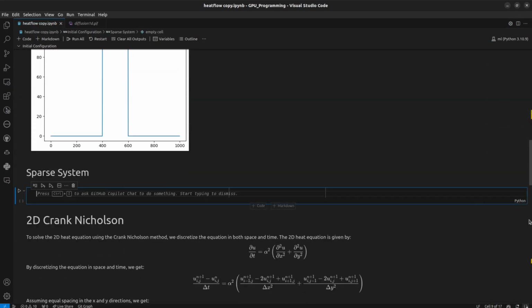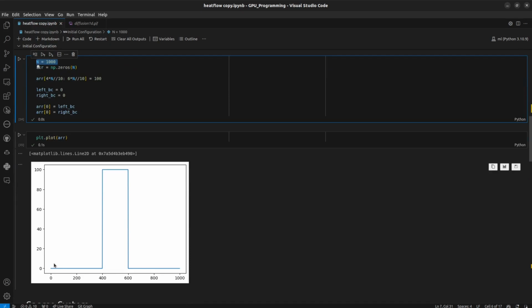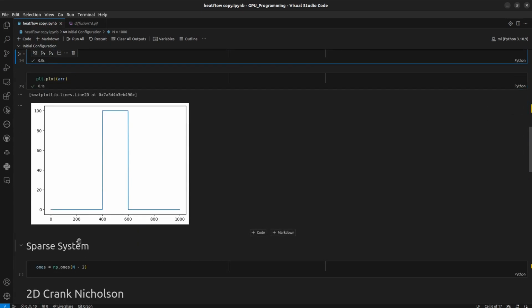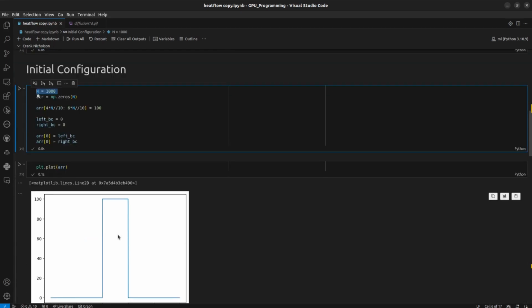Okay, the way we're going to do that is we're going to create a simple array with n minus 2 values, since our computational grid includes both boundary conditions, but these are not going to change, so we have to exclude them from our solver.